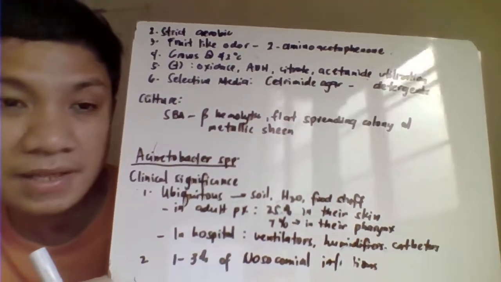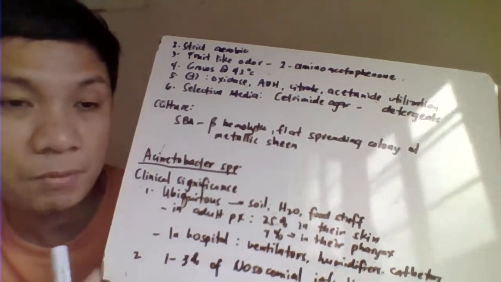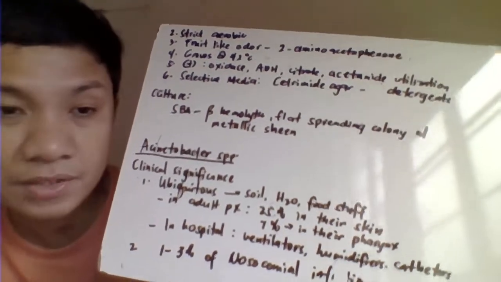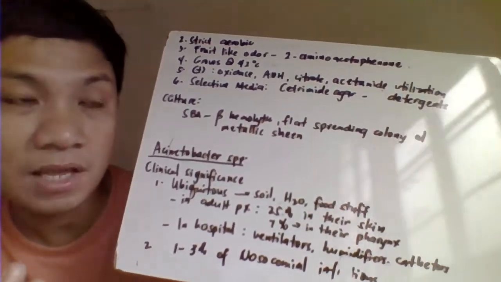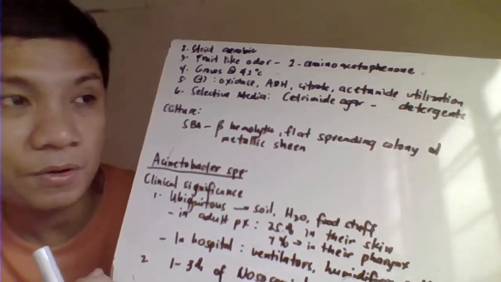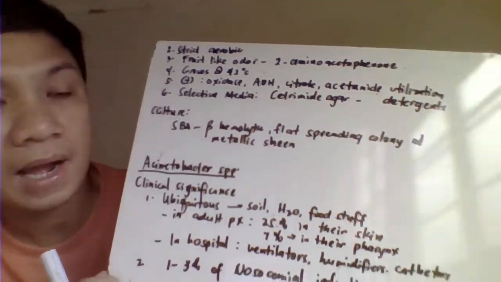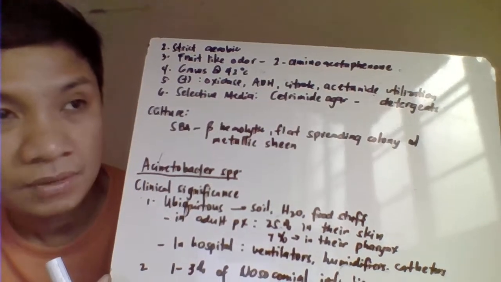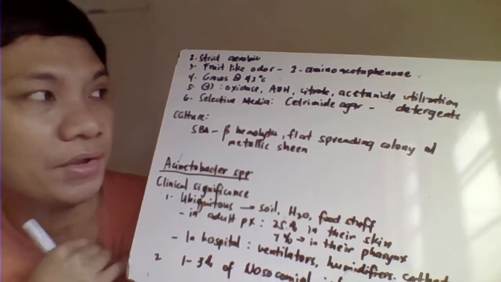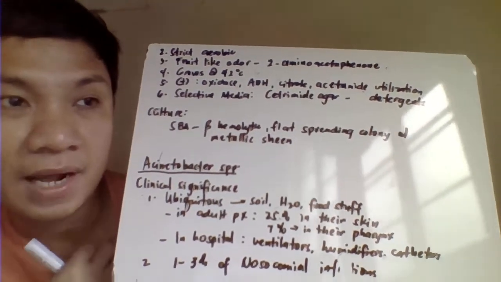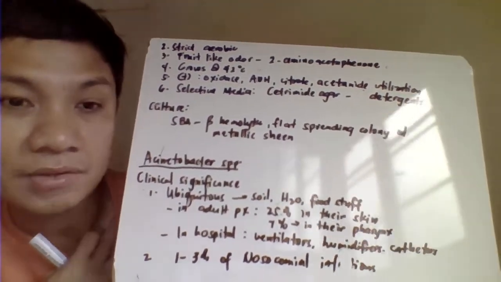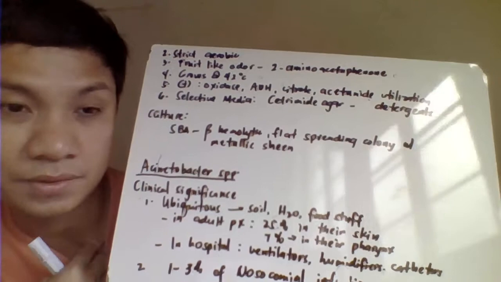This is also identified as being oxidase positive, which will differentiate it from Acinetobacter and Stenotrophomonas. It is also positive for arginine dihydrolase, positive for citrate, and it utilizes acetamide as its carbon source.